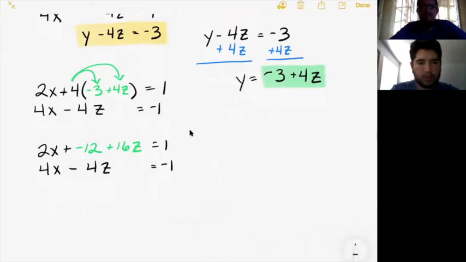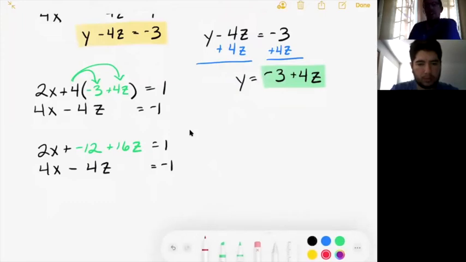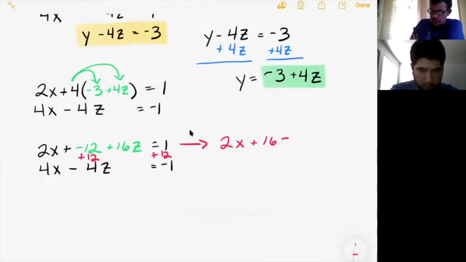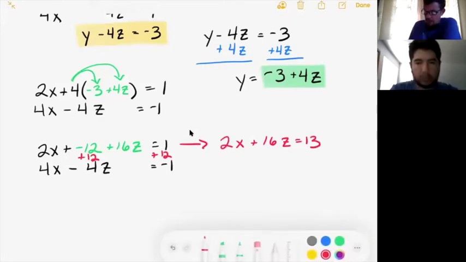Add over on the other side. Yeah, great idea. So plus 12, plus 12. So that makes the first equation 2x plus 16z equals 13. And the bottom equation does not change.